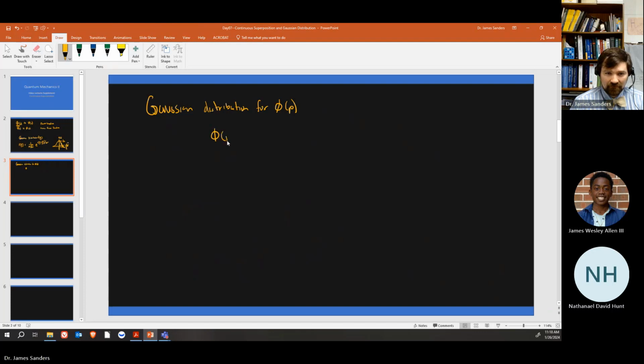Phi of p is 1 over 2 pi beta squared, all to the half power, all to the 4th power, as it turns out, times e to the negative p minus p naught squared over 4 beta squared.